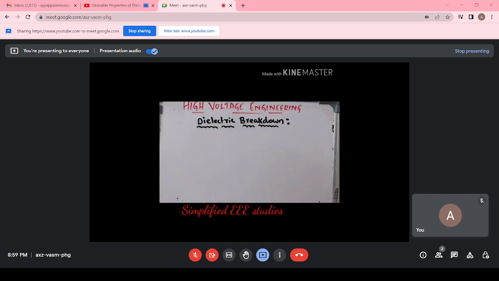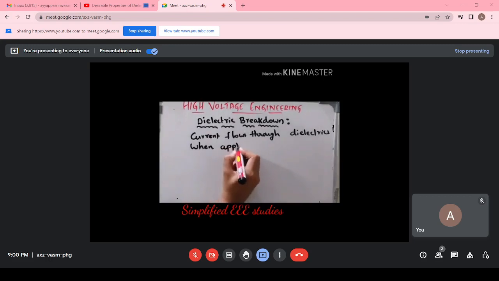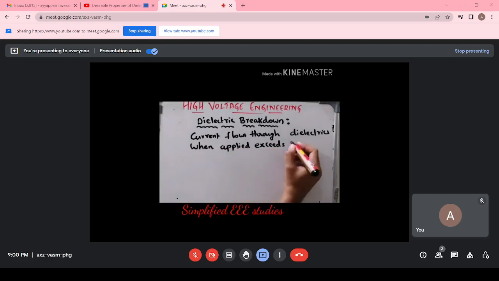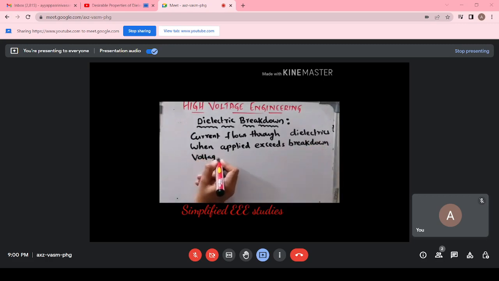It is nothing but current flowing through dielectrics when the applied voltage exceeds the breakdown voltage.